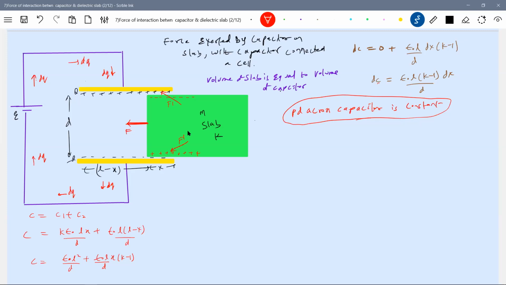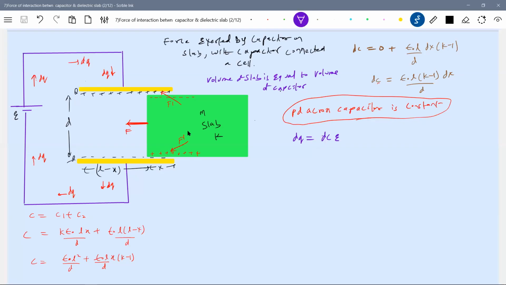Now, after this, dq. So shall we calculate the expression for dq? The dq is given by dq equal to dC into E, the increment in charge. So when the slab moves by a small distance dx, how much additional charge will flow into the capacitor? dq.